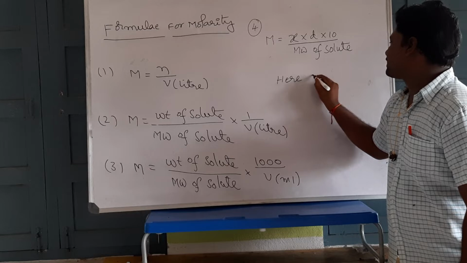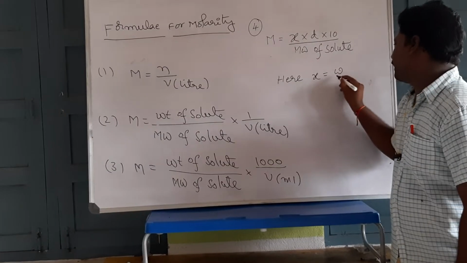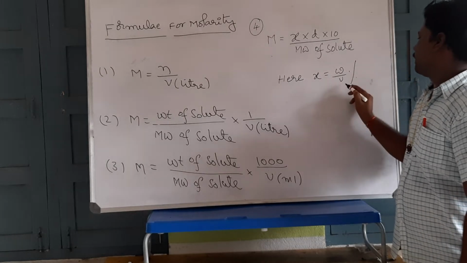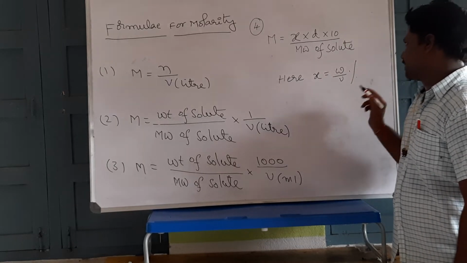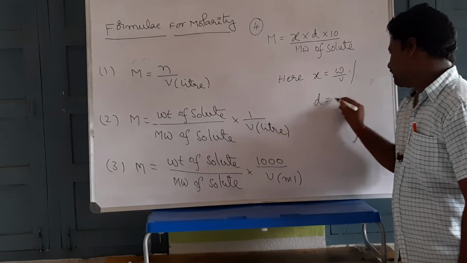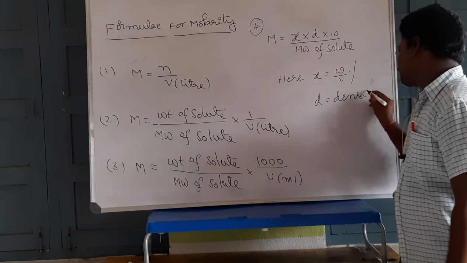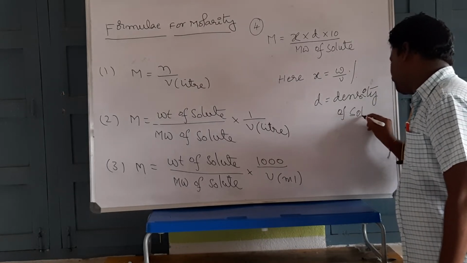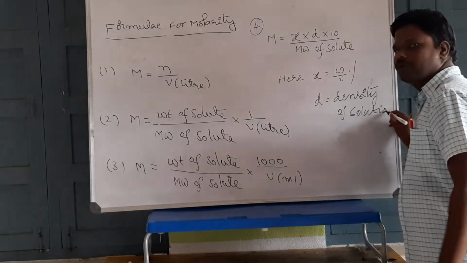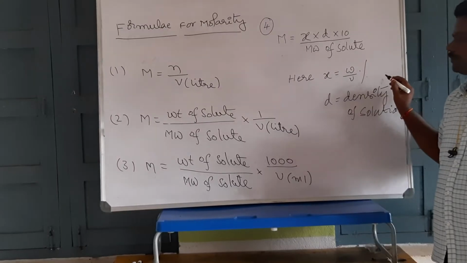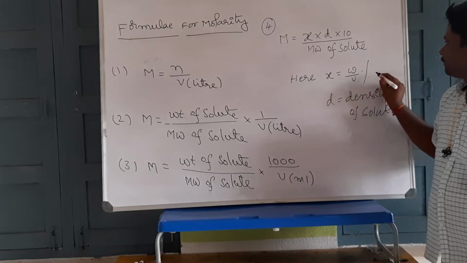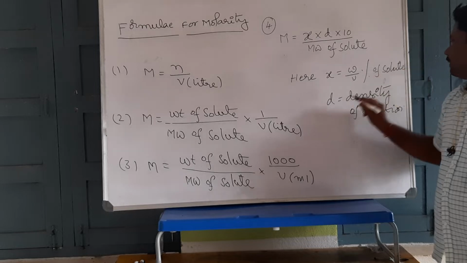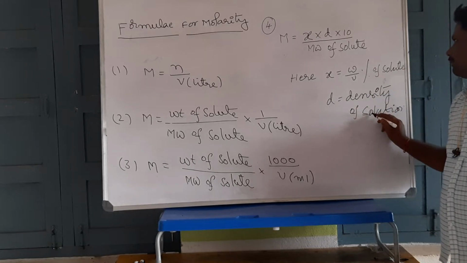Here small x is weight by volume percentage, weight of solute by volume of the solution percentage. D is density of the solution. X is weight by volume percentage of solute. Here D is the density of the solution.